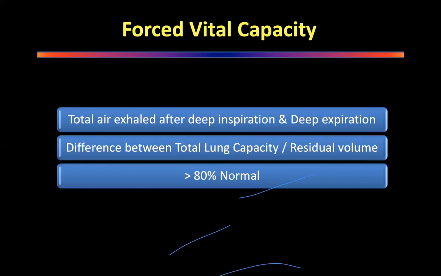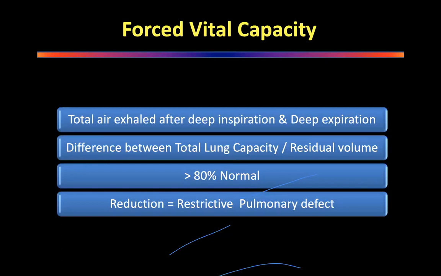The normal reading of an FVC is more than 80% predicted. Always use percent predicted rather than volumes. Don't use numbers, use percent predicted. If your FVC is more than 80% predicted, that is normal. A reduction in the FVC number usually suggests a restrictive pulmonary defect.